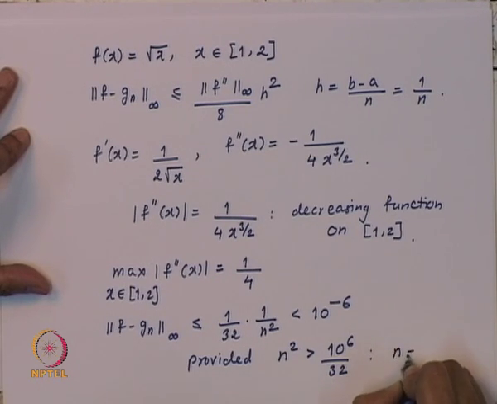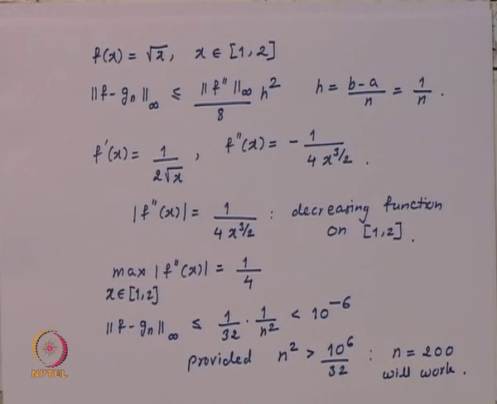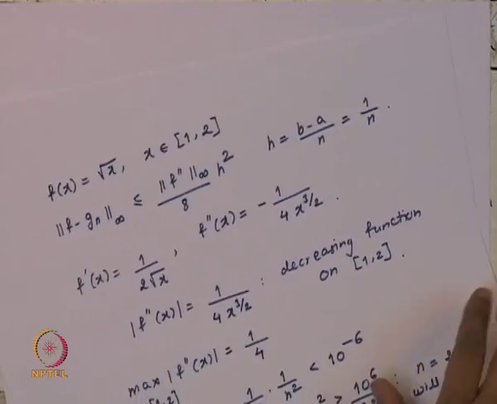So, if you choose n equal to 200, then that will work. In fact, any number n bigger than 200 will work, and this is a rough estimate. So, this was about piecewise linear interpolation.